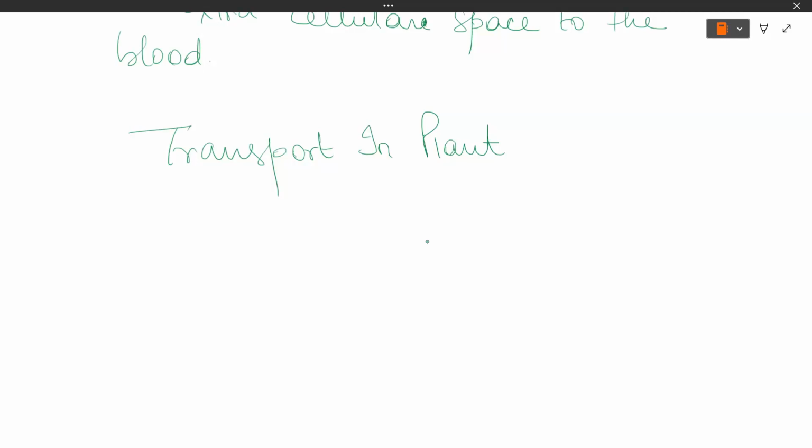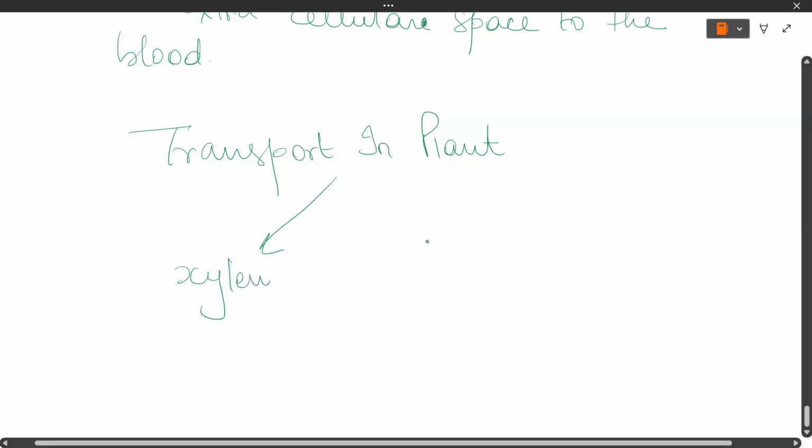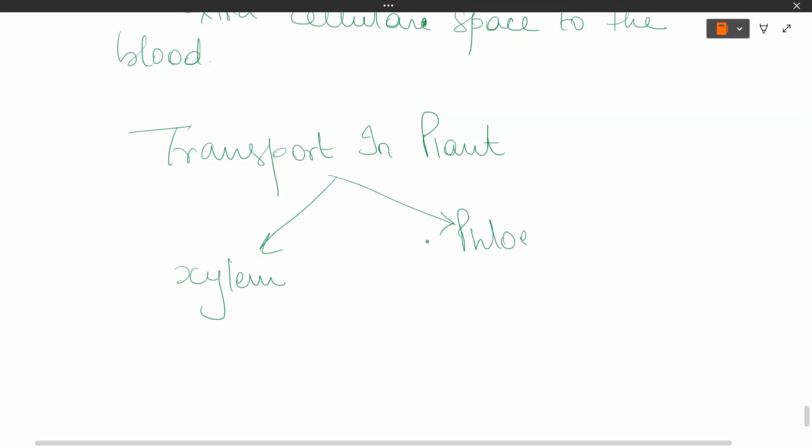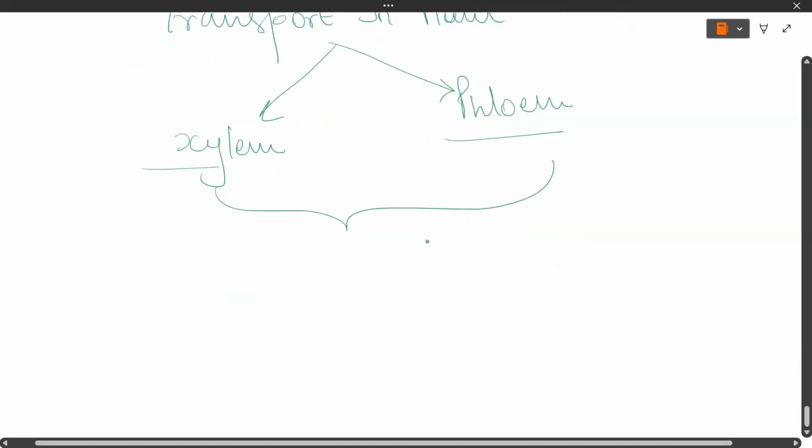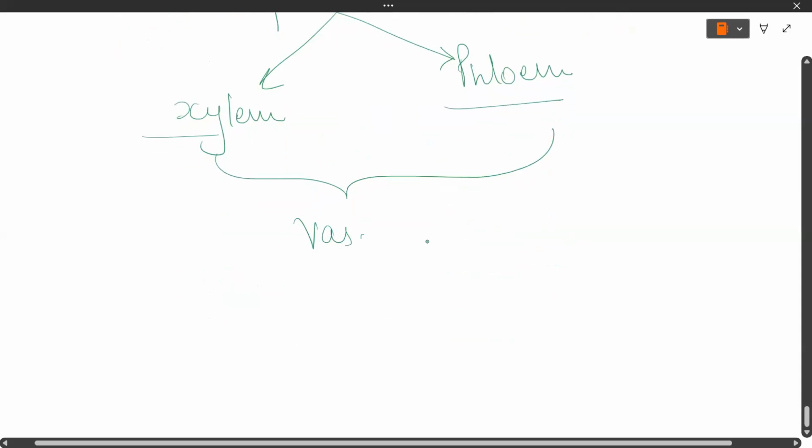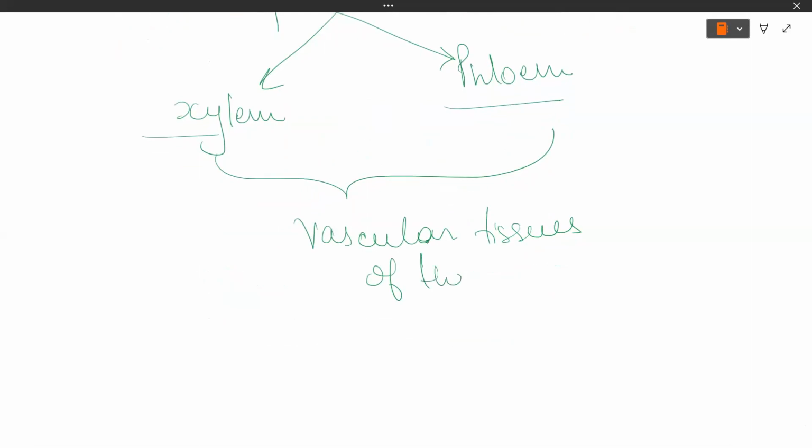So xylem and phloem are the vascular tissues, or you can say the transporting tissues of the plant. It is done either by the xylem or by the phloem. They are also known as the vascular tissues of the plant.